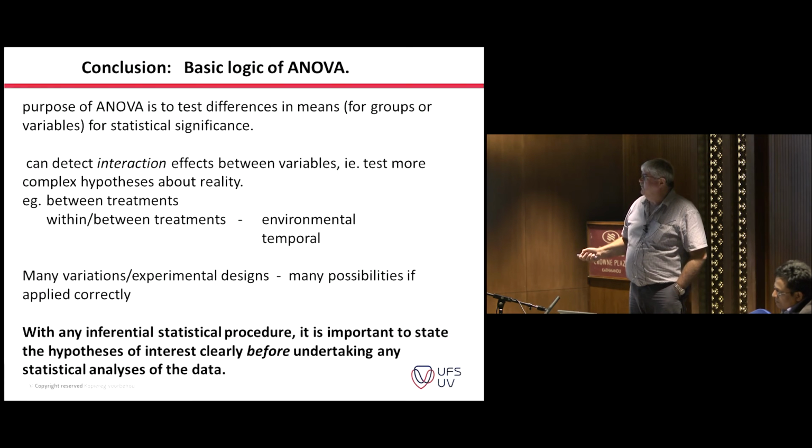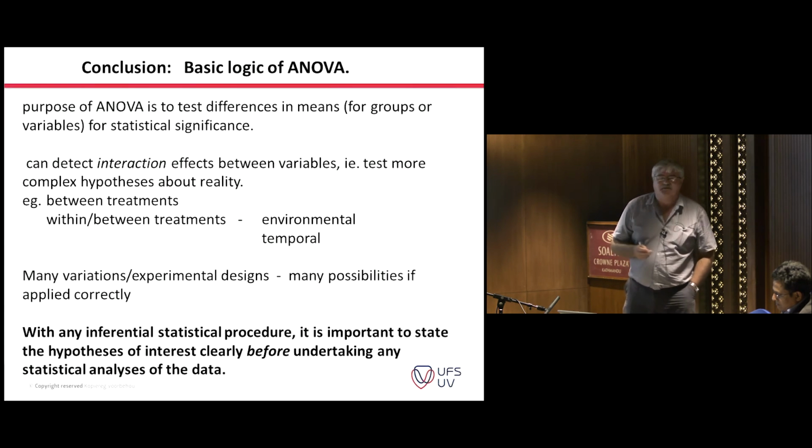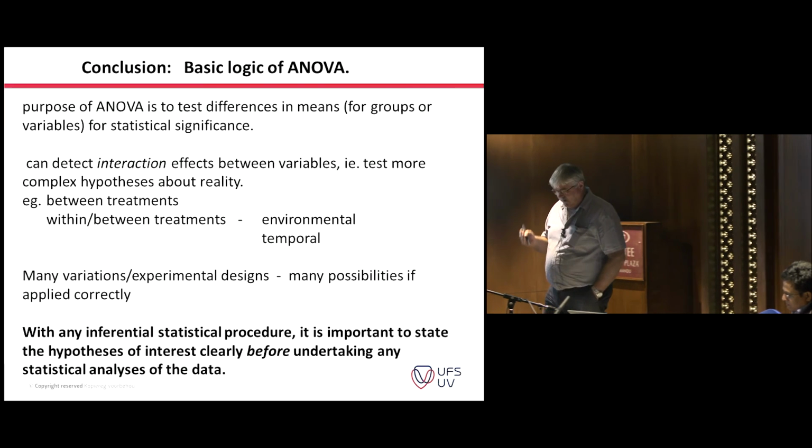We know that there are many variations in experimental design, many possibilities if applied correctly. The main point is that with any inferential statistical procedure, it's important to state the hypothesis of interest clearly before undertaking any statistical analysis. And I want to emphasize that one again.